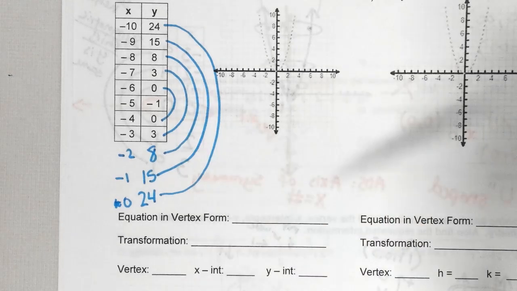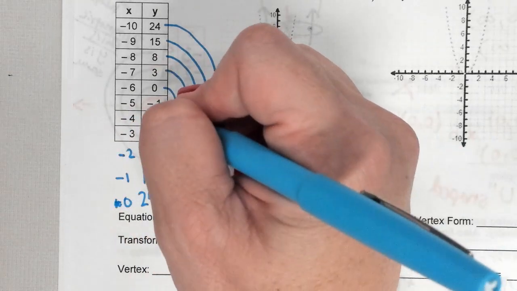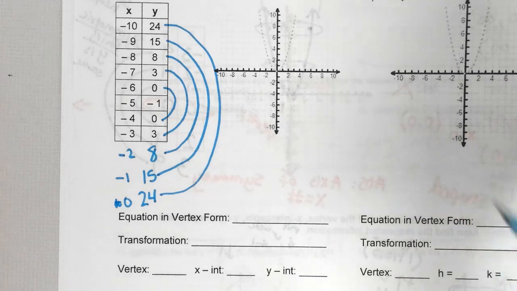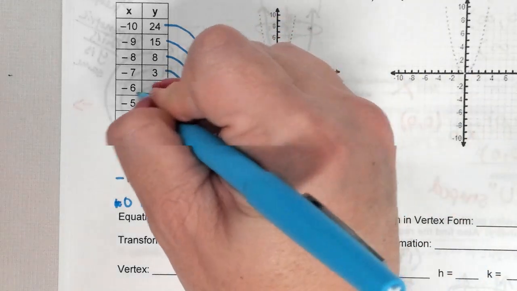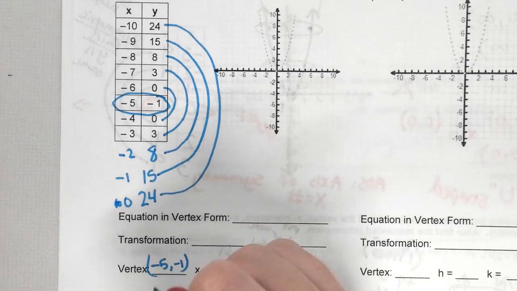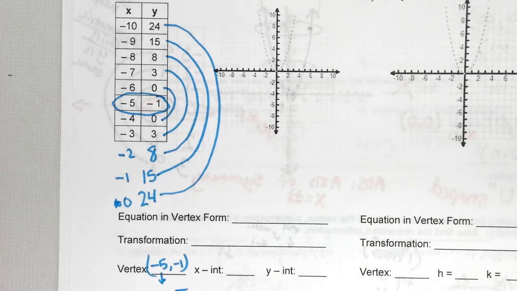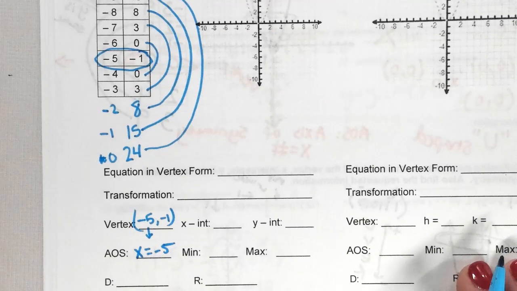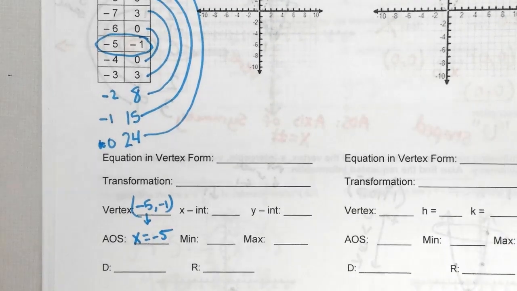So what's my vertex? No. The center of my rainbow. -5, -1. Center of your rainbow is your vertex. And your axis of symmetry is always the x of your vertex. So we already know those. Does this one have a minimum or a maximum?